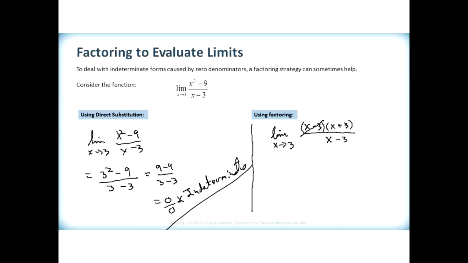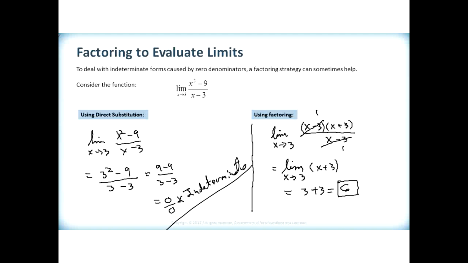The x minus 3's divide out to give us 1 over 1, and what we have left is the limit as x approaches 3 of just x plus 3. Now if we apply direct substitution, we get 3 plus 3, a grand total of 6, and that is the value of the limit.